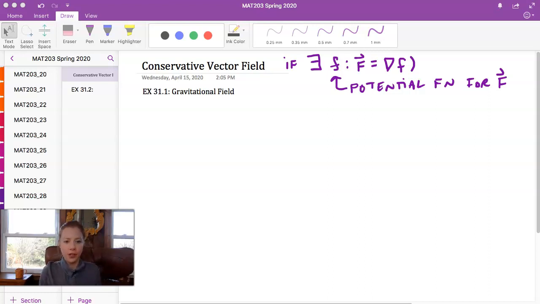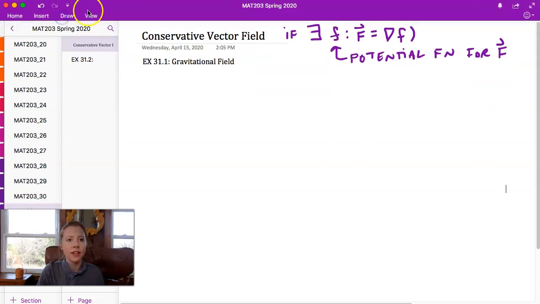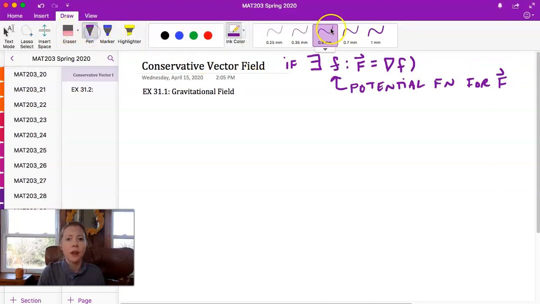So here's the definition of a conservative vector field. If there exists, so this backwards E stands for there exists, and that's a notation you often use in proofs, some function f, and this lowercase f we're going to call a potential function for our vector field, capital F, such that the vector field is equal to the gradient of our function, then we have a conservative vector field.